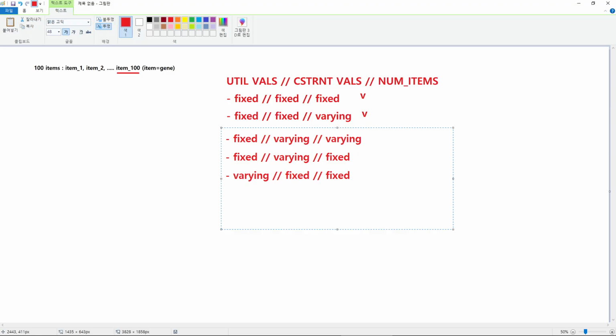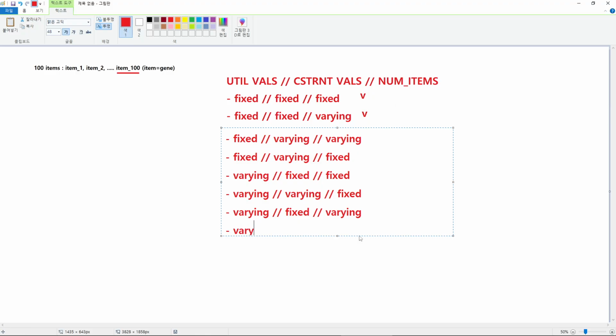I mean, varying, fixed, and then I could have varying, fixed, and then I can have varying, fixed, varying, and lastly all varying, which I'm sure will be a disaster for me to code.